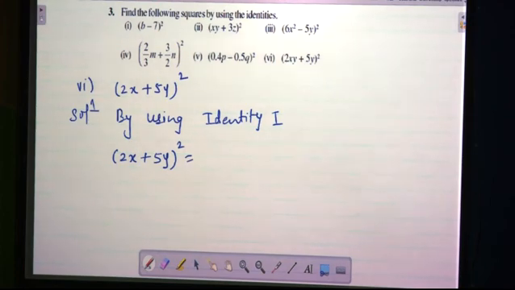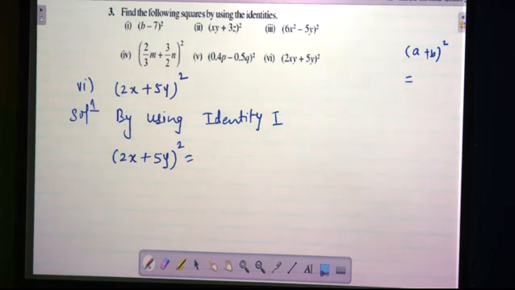Whatever alphabet is not present in the expression, we are using that alphabet in the identity. Now, here x and y are already present. So, we are saying what is identity 1? Identity 1 is a plus b bracket square, and you know very well what it is.